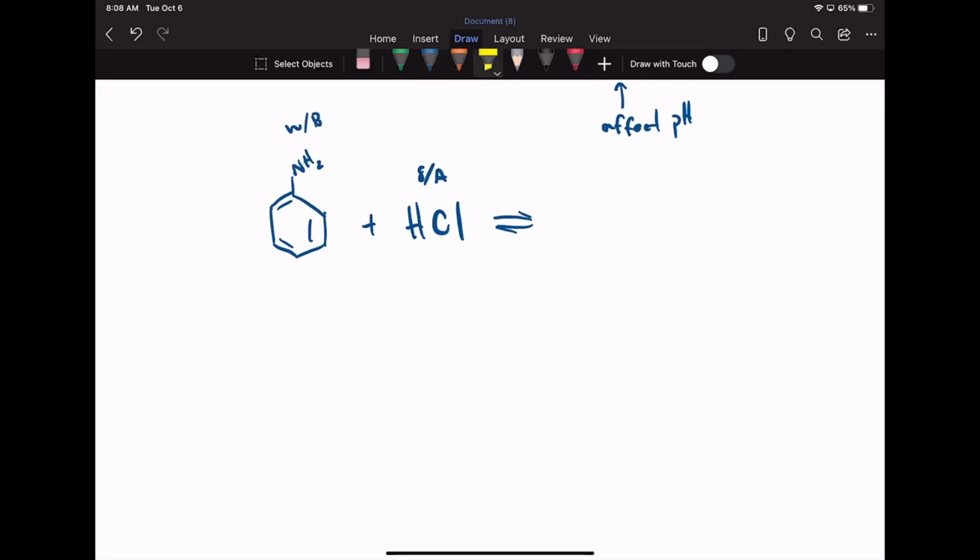Okay, so the salt of this is going to be NH3 plus some Cl minus. And again, our Cl minus, we can consider a spectator ion, right? We're just going to consider that a spectator ion.